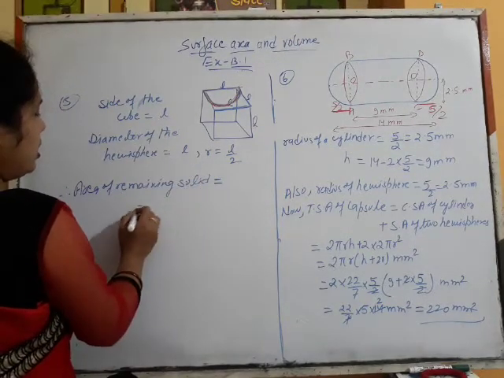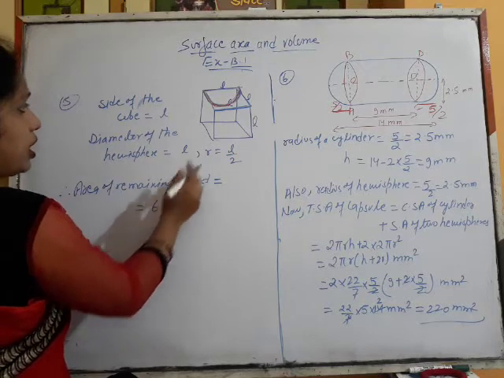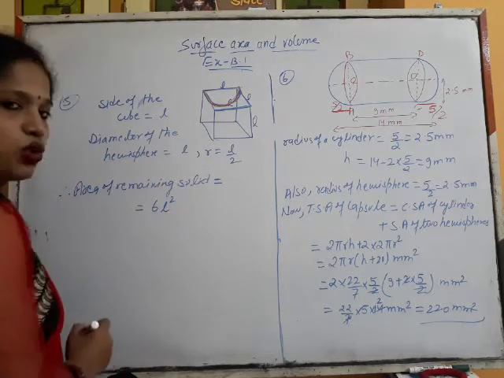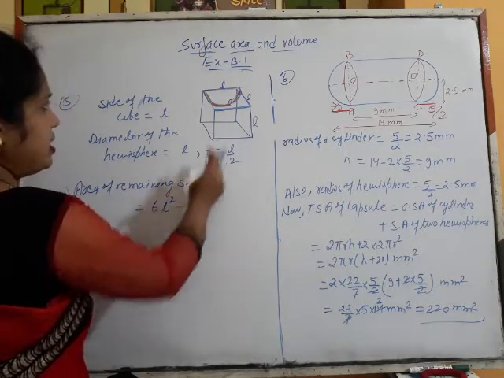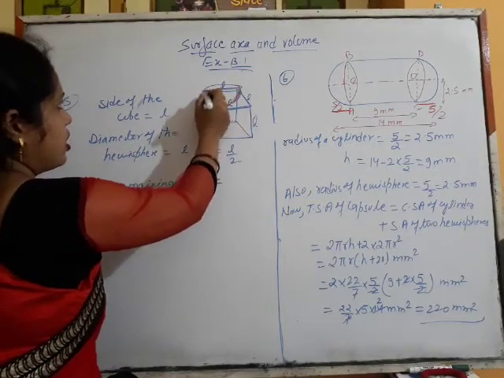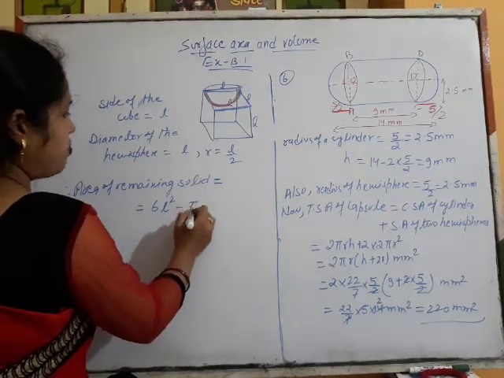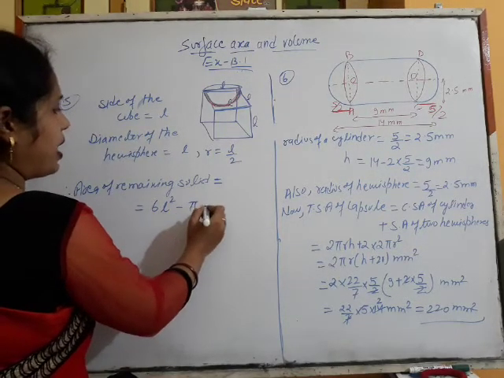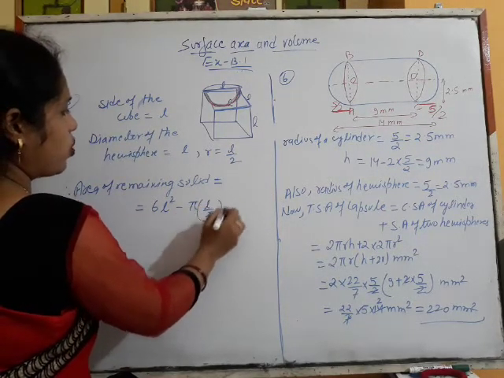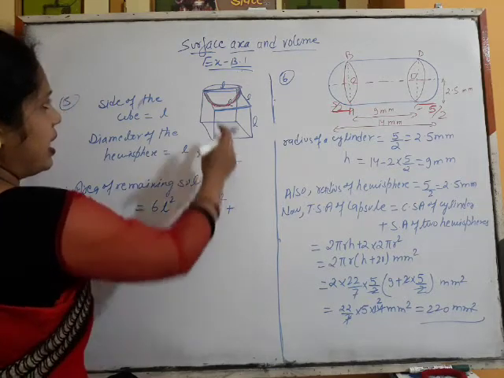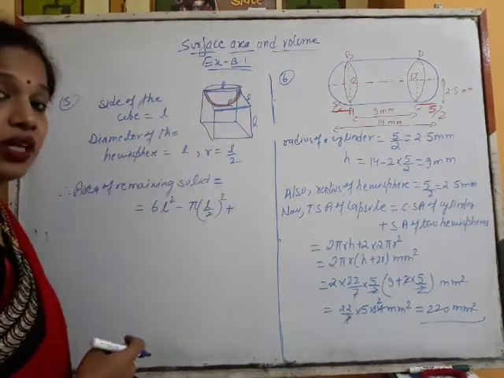So it will be the surface area of the cube which is 6 into side square. Now minus the area of this circular end of the hemisphere which is pi r square. So r is L upon 2 whole square, and now plus the surface area of the hemisphere.